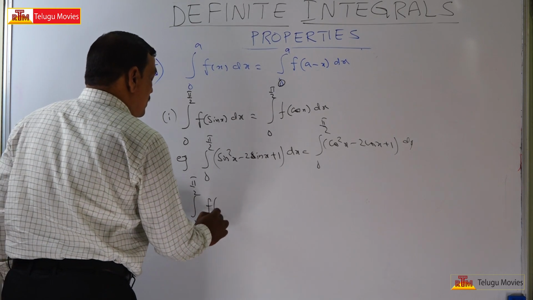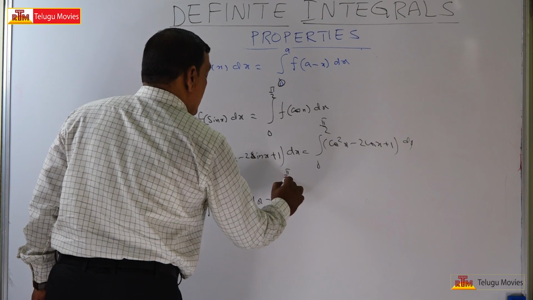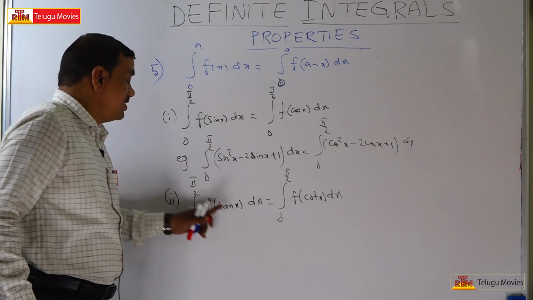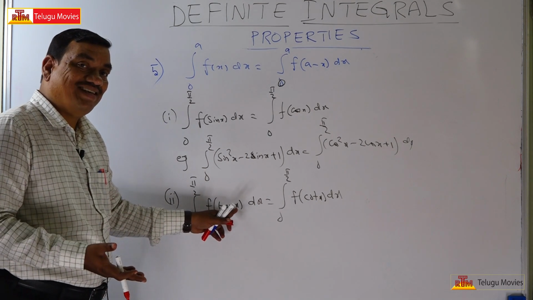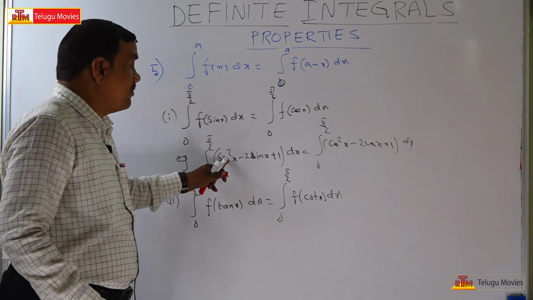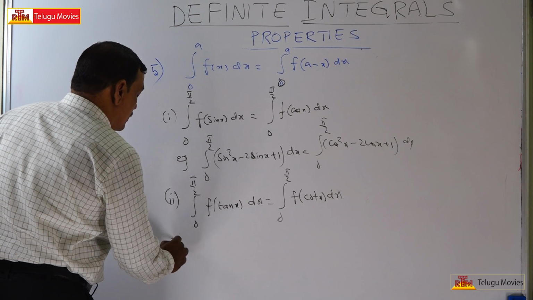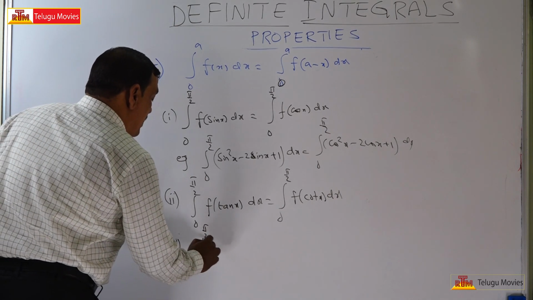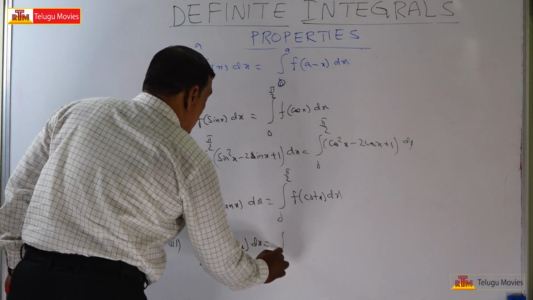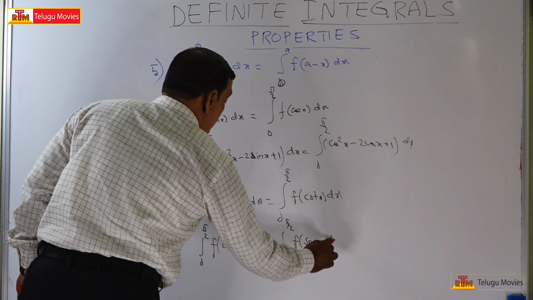So same property, there is one more property: 0 to pi by 2 f of tan x dx is the same as 0 to pi by 2 f of cot x dx. Now, in place of x substitute pi by 2 minus x, then tan x will become cot x and cot x will become tan x. Same logic applies here. Understand? The next one is integral 0 to pi by 2 of f of cosecant x dx, which is the same as integral 0 to pi by 2 of f of secant x dx.